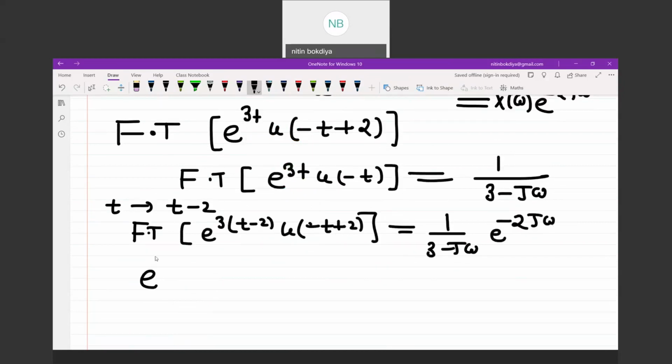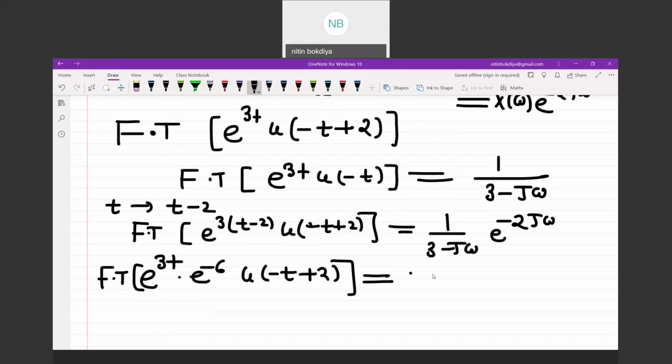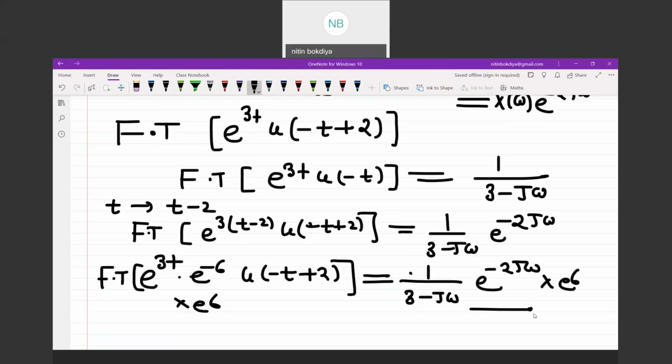Now this is e to the power 3t into e to the power minus 6 into u of minus t plus 2. And the Fourier transform of this is equivalent to 1 divided by 3 minus iota omega e to the power minus 2j omega, and the input is multiplied by, let's say, e to the power 6. So the output is also multiplied by e to the power 6 because this is linear.